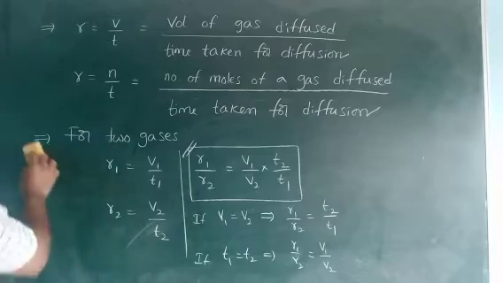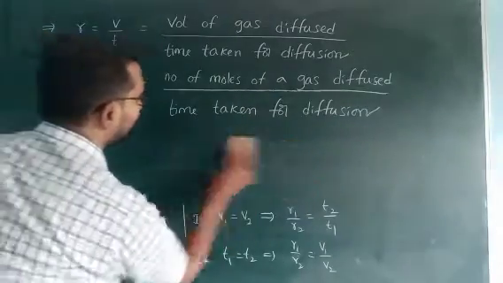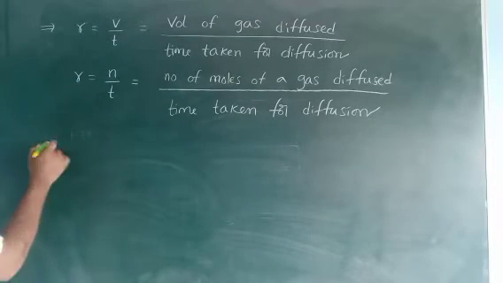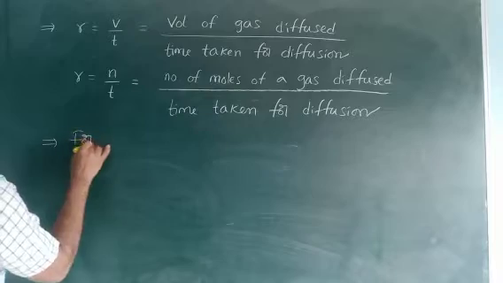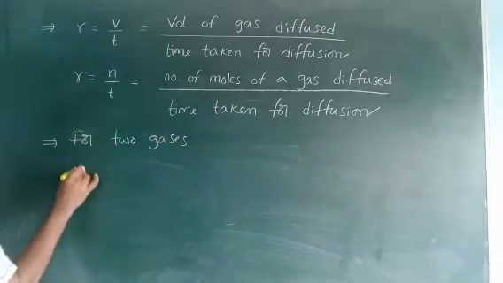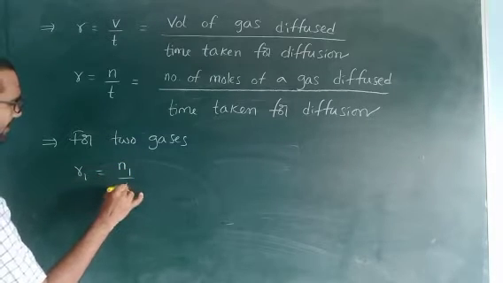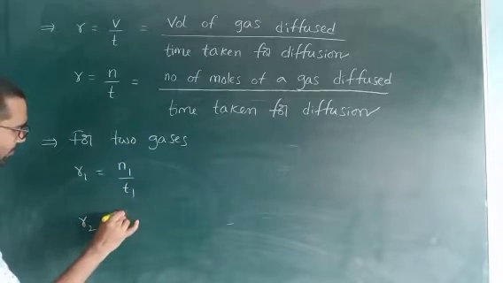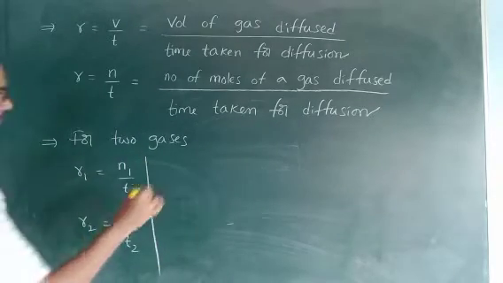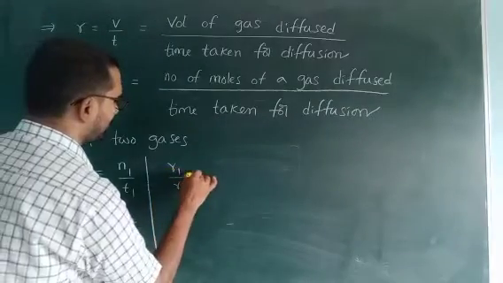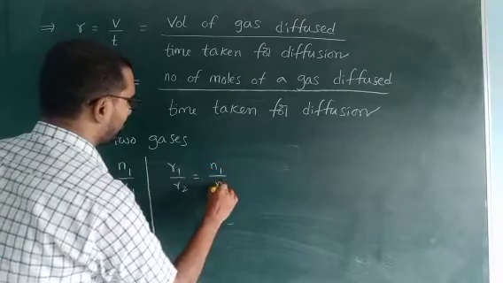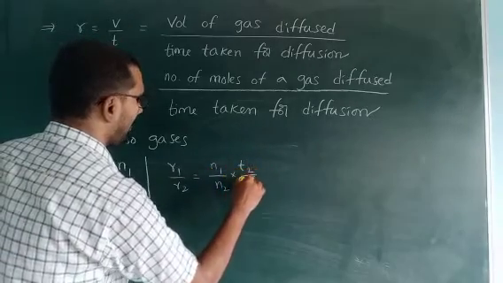Write all of it. Next one, for two gases, same condition, continuation. Again for two gases, R1 is equal to n1 by t1, R2 is equal to n2 by t2. Again R1 by R2 is equal to, same, in place of V write n: n1 by n2 into t2 by t1.